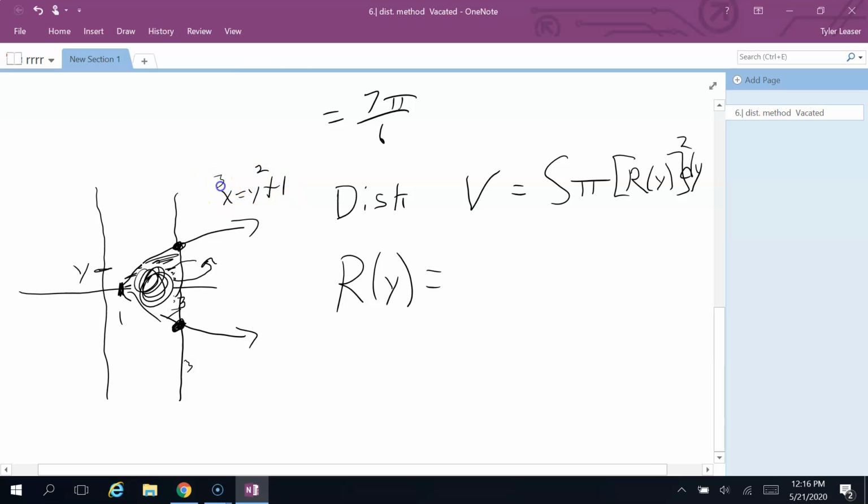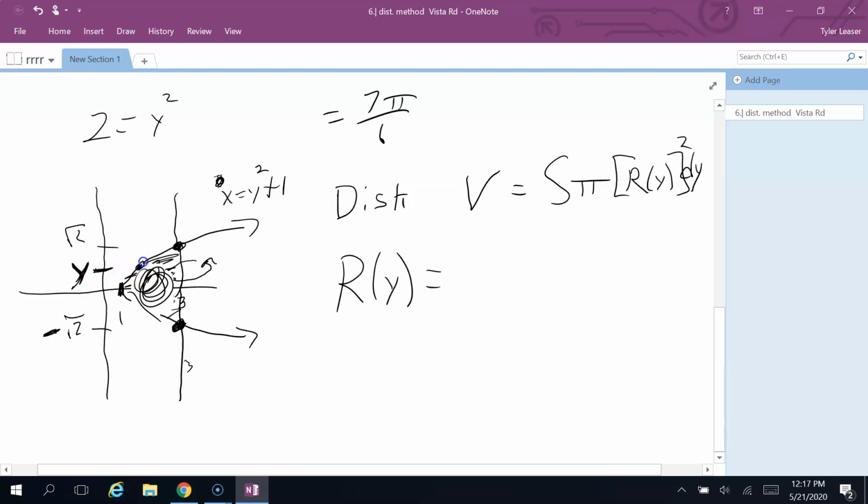So if I substitute in a 3 for this x, subtract the 1 over, I get 2 is equal to y squared, which means that this has to be at the y value positive square root 2. This one down here is going to be at the y value negative square root 2. So that's going to be the limits of my integral when I get there. Okay, so going back to the radius, let's say we're here at y.